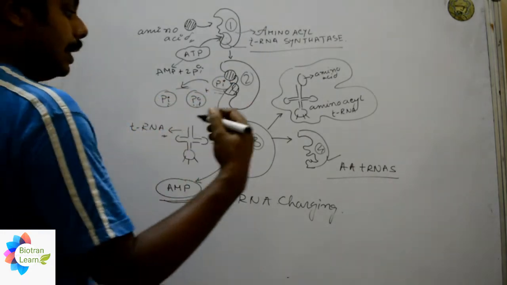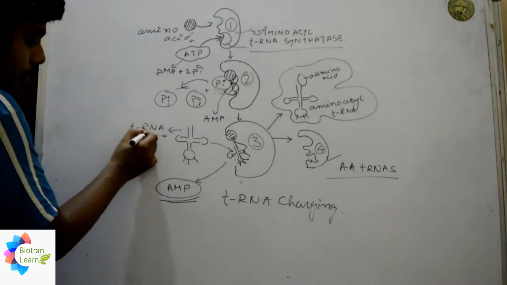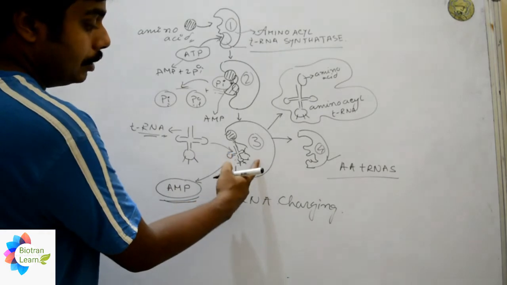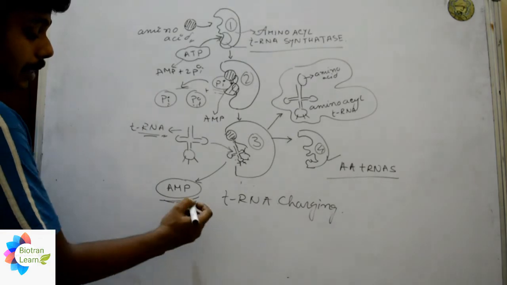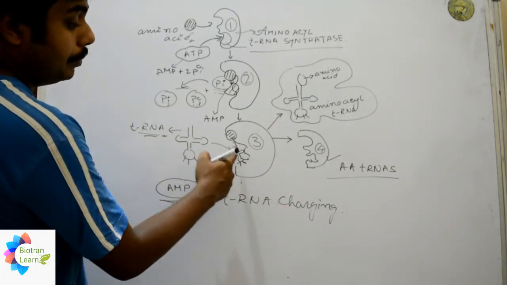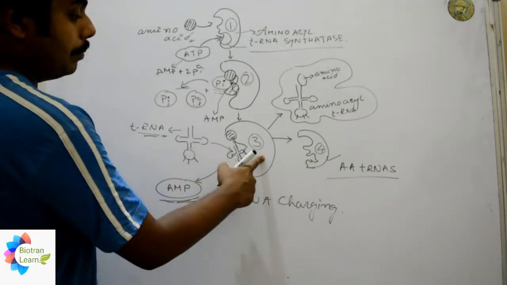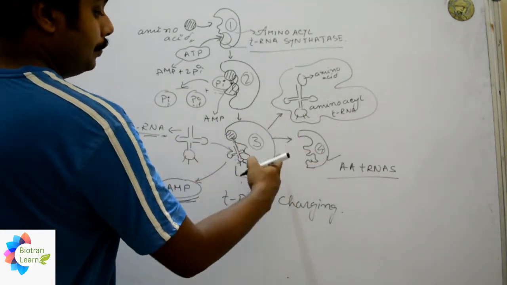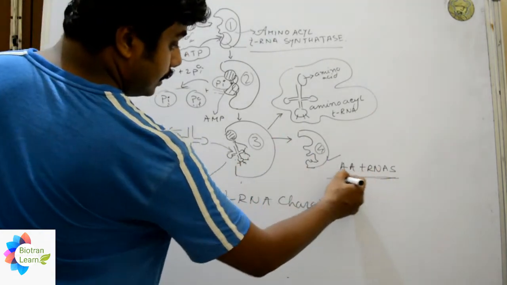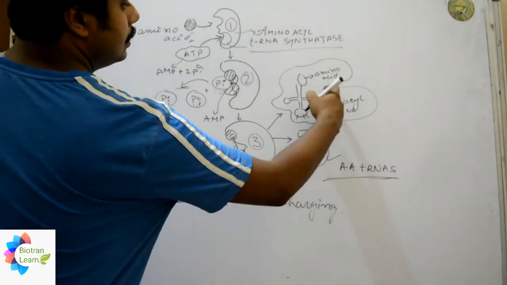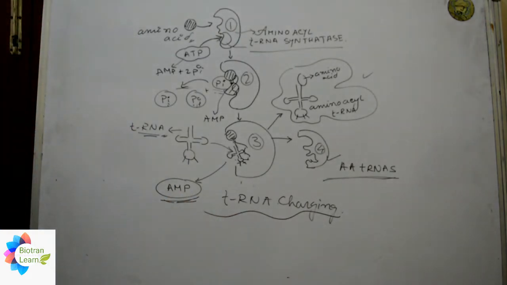AMP in the meantime binds to this amino acid, and afterwards tRNA replaces the AMP and takes its place to bind with the amino acid. Then AMP is released, and it will release the enzyme and the amino-acyl tRNA also. So this whole process is known as tRNA charging.